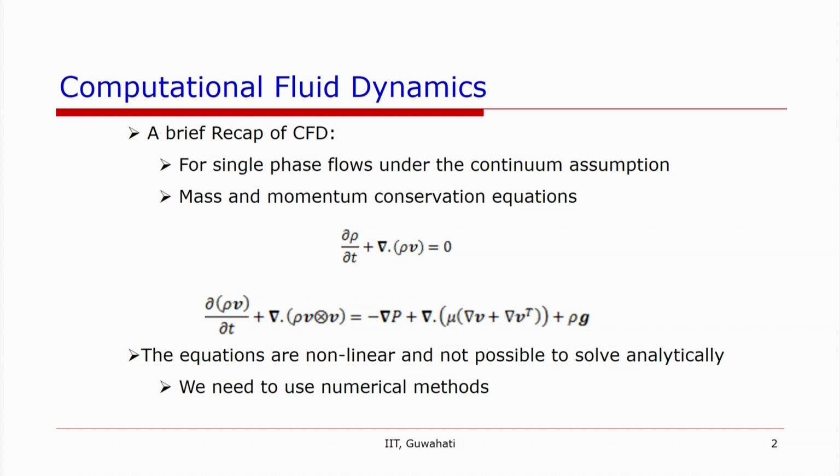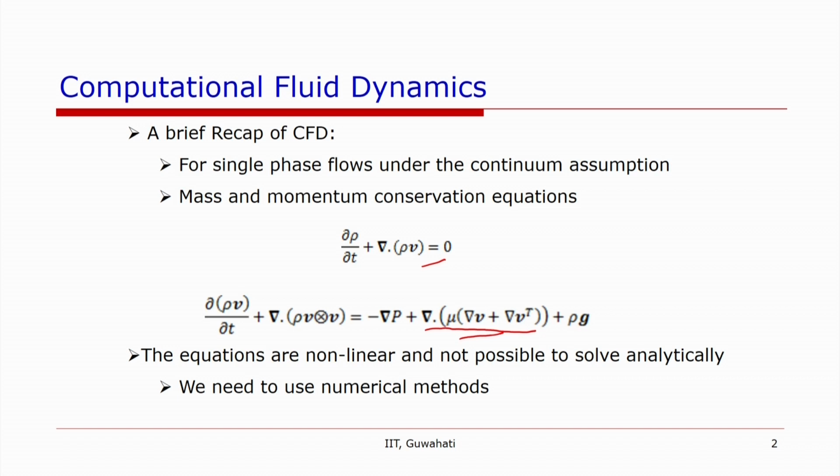If we look at single phase flow, single phase flow under the continuum assumption can be modeled using the Navier-Stokes equations, which are the momentum conservation equation and the mass conservation equation, and the fluid is Newtonian, as you can see from this term.